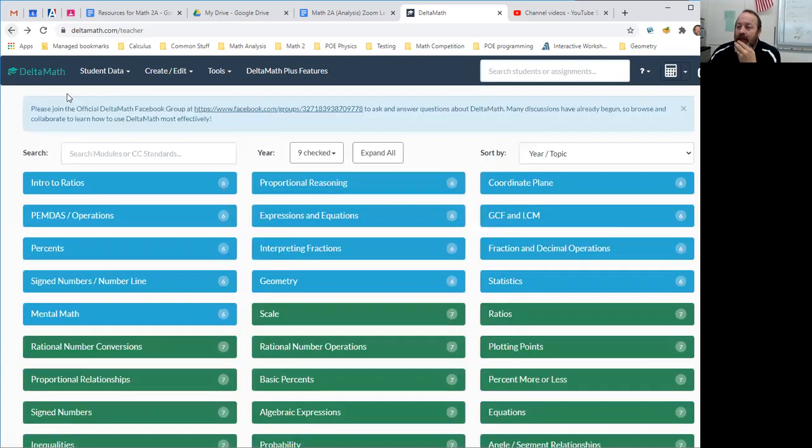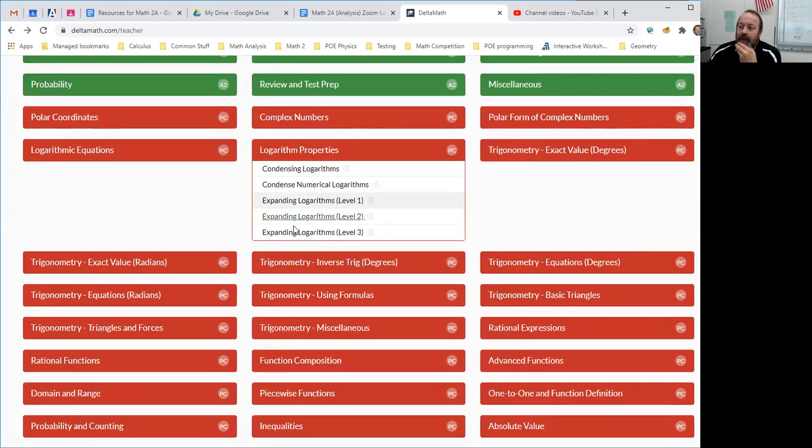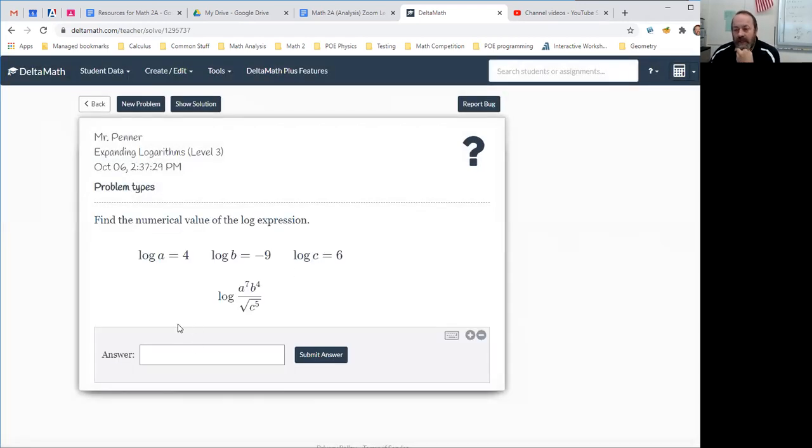Now let's see if I can go back and find something even different. So let's go to expanding logs in maybe a little bit of a higher level. So this does get a little bit challenging, because they threw a whole bunch of interesting information at me. And this is really a place where I feel like it would be worthwhile to take a look at.